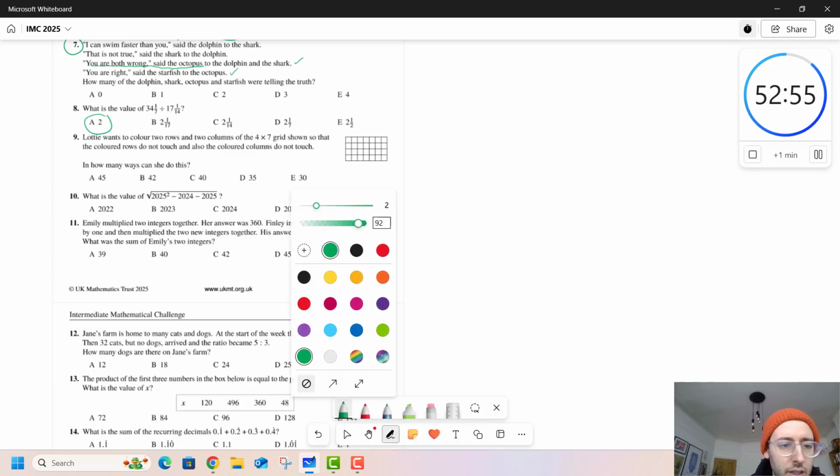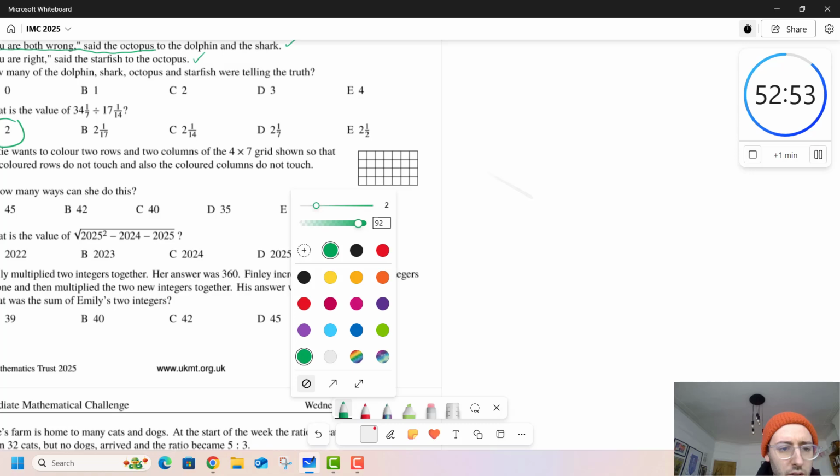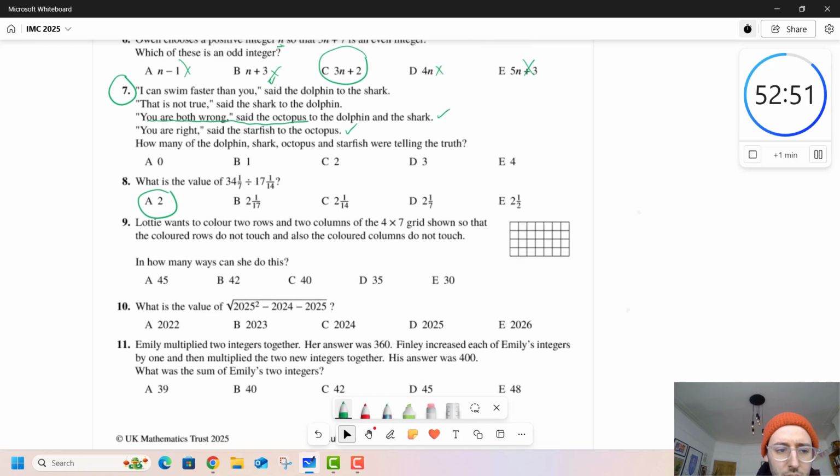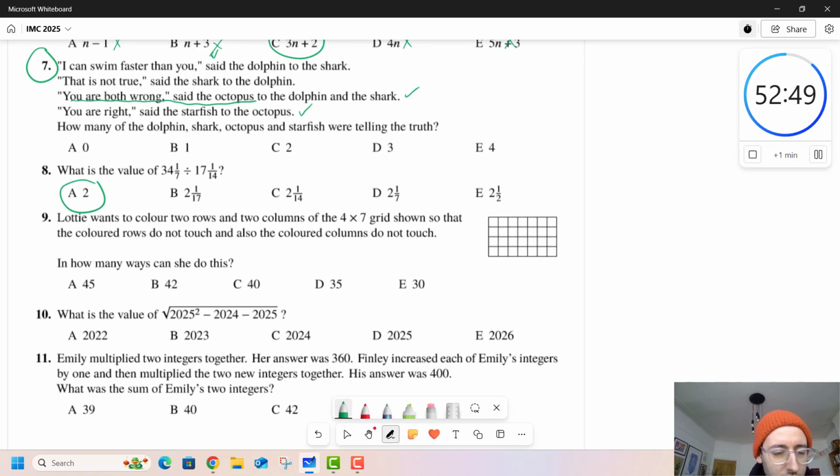Okay, next. Colour 2 rows and 2 columns so that the coloured rows do not touch, and the coloured columns do not touch. Another thing I'm not very good at. So if I do 1 here, then I can do 1 here, 1 here, so that's 2 options.